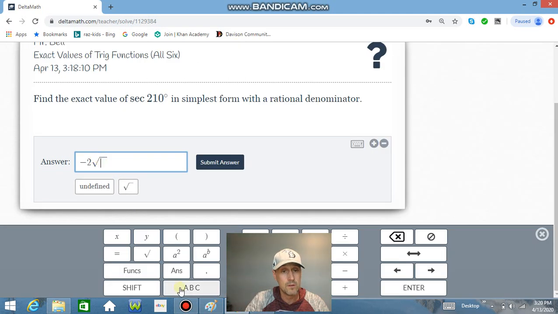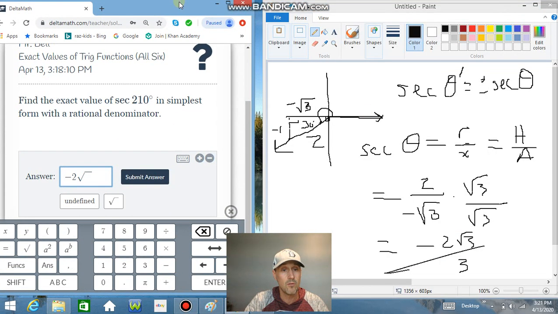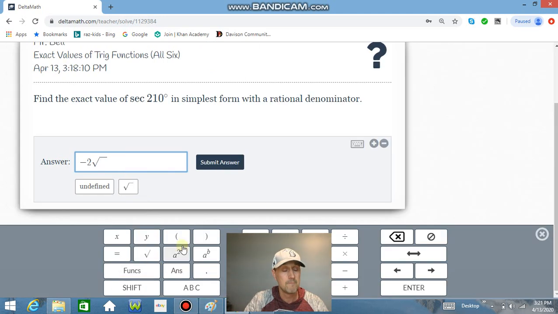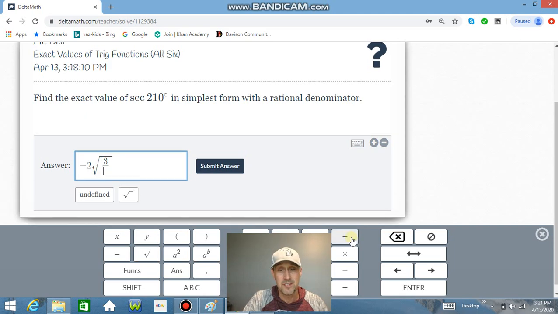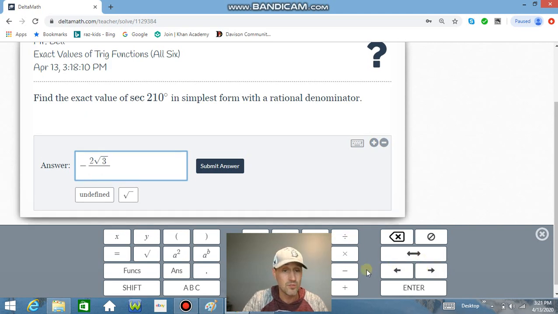Negative 2. Dang it, this isn't formatting well for me. Here we go. Come on. Divided by 3. Okay, so to see how that didn't get out of the radical, let's try this. Go back. I think to get out of the radical, you've got to hit this right arrow button. Now try divided by 3. Okay, so trial and error.